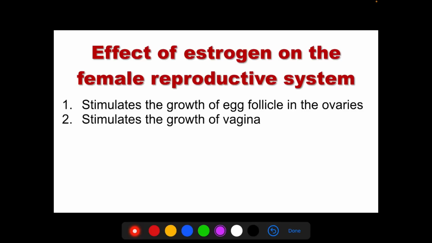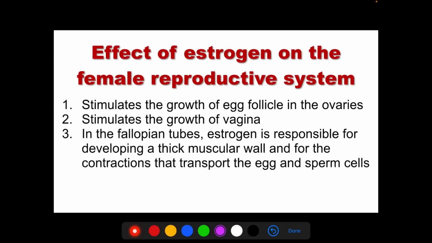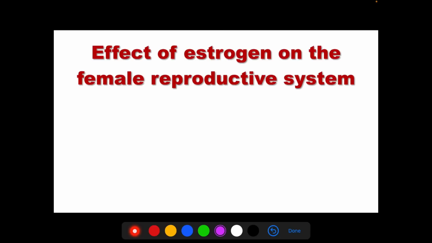Number two, it stimulates the growth of the vagina. It helps in the thickening of the vaginal wall, and also it increases the vaginal acidity. Also, in the fallopian tubes, estrogen is responsible for developing a thick muscular wall and for the contractions that transport the egg and sperm cells.